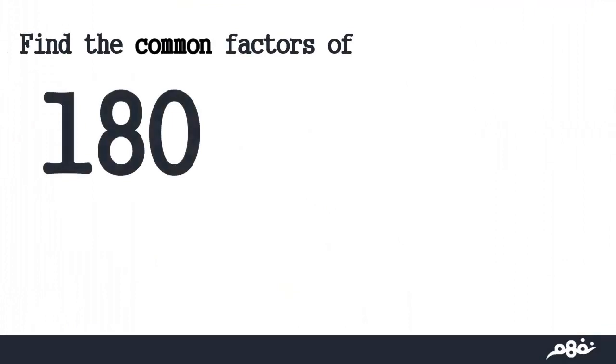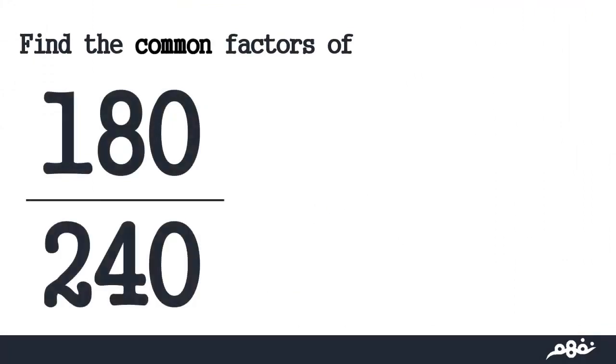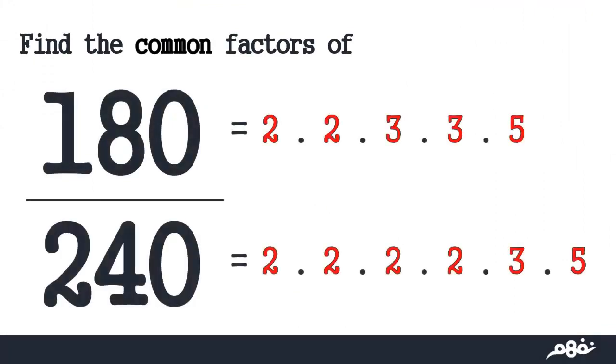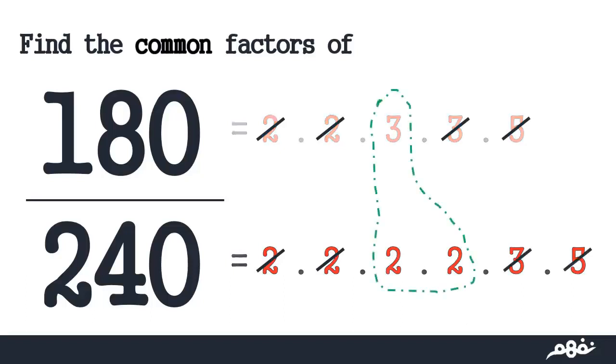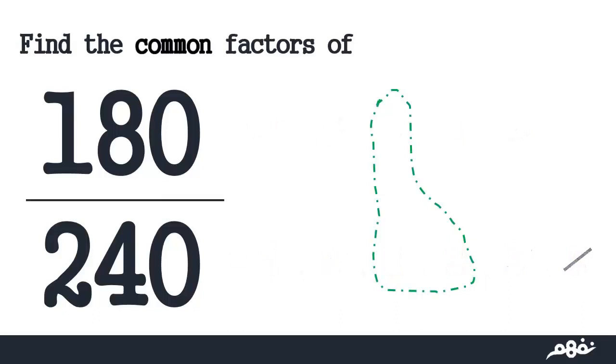The new thing is to find the common factors of 180 and 240 together. So you have to use the knowledge you have. You know that 180 has prime factors, yes, and 240 has prime factors. So you start canceling out the similar prime factors in both cases, like 2 and 2 and 3 and 5.